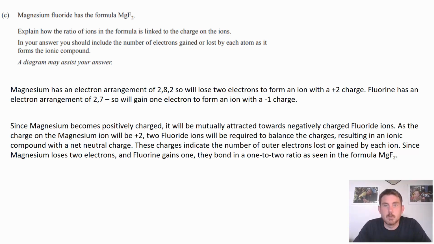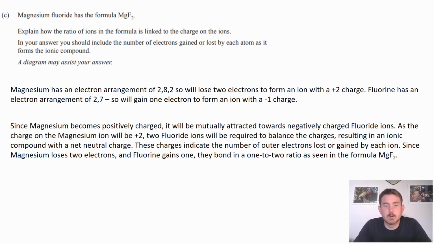These charges indicate the number of outer electrons lost or gained by each ion. So in MgF2, we can see that the 2 indicates that 2 electrons have been lost by the magnesium, and that 2 fluoride ions are required to balance that charge.